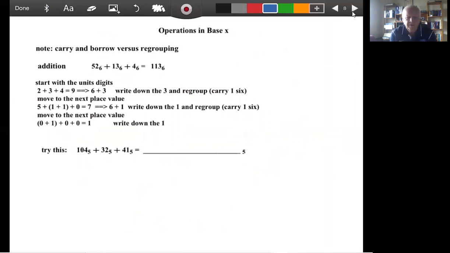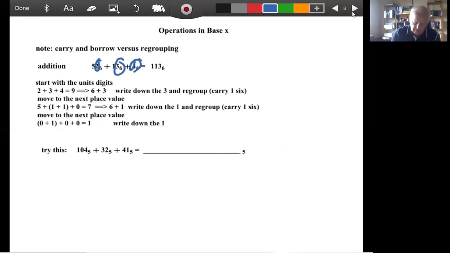We have 5, 2 base 6 plus 1, 3 base 6 plus 4 base 6, and it should come out to be 1, 1, 3 base 6. Well, let's see how that works. Let's do the units digits. We'll take the 2, and then we'll take the 3, and then we'll take the 4.